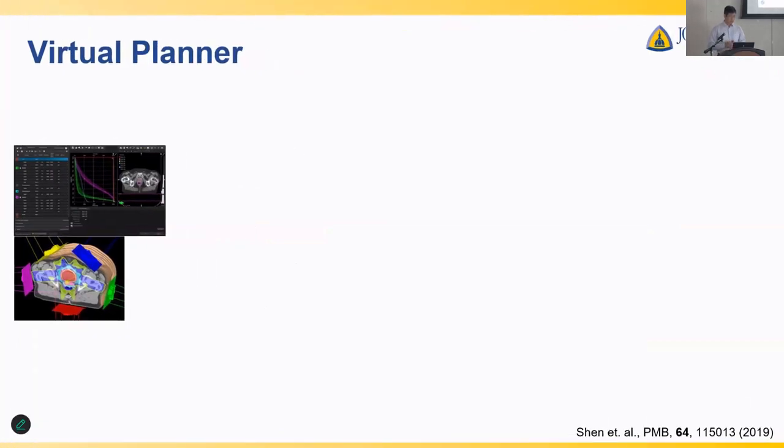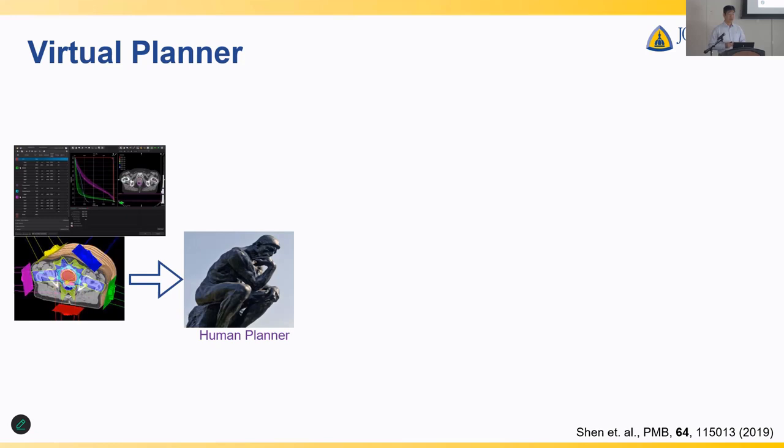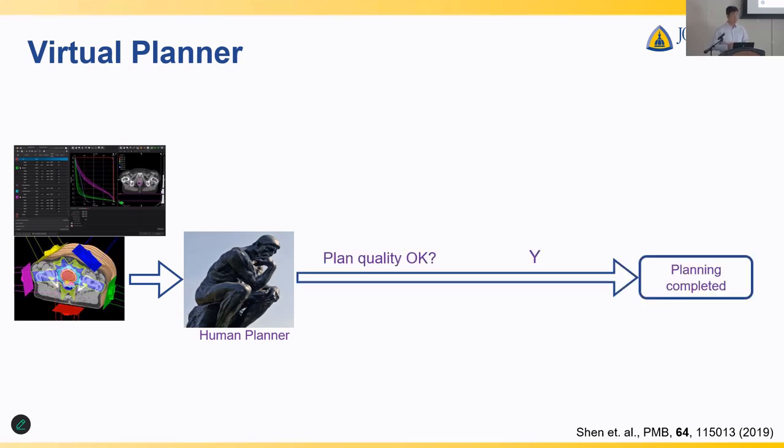Again, as I presented in the previous few slides, the typical work for the planner, the dosimetrist, is that the planner will sit in front of the computer, look at this interface, and think, what should I do to improve the plan? And if the plan is good, of course, we are going to get a plan. If not, the planner decides, okay, I need to change certain parameters, like how we tweak the hyperparameters in building our deep neural net.